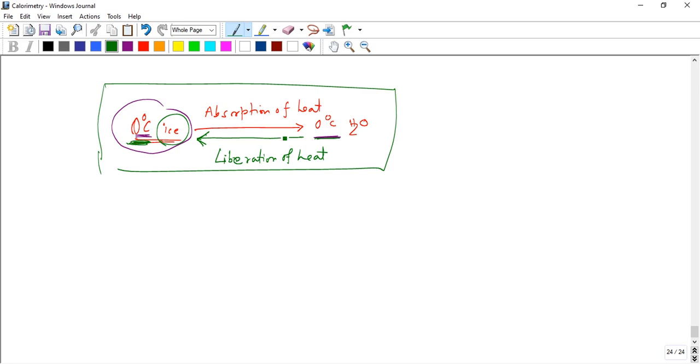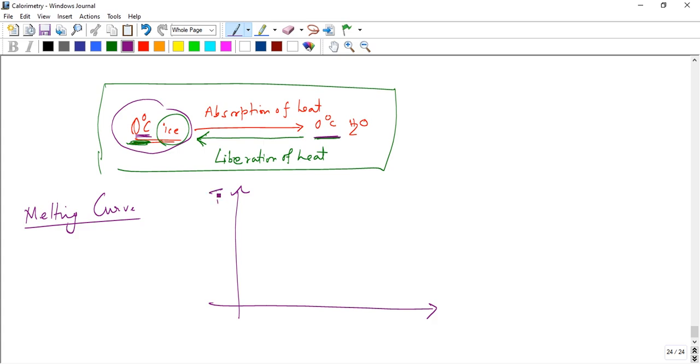Very important. So if I draw a graph here, the melting curve, we see that there is temperature on the x axis and here is time.